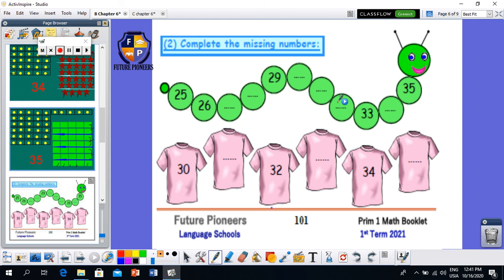Now let's move to examples. Complete the missing numbers. Here I have the caterpillar and I need to complete the missing numbers in order. We start with 25, after 25, 26. Who can tell me what comes after 26? 27. Great job.